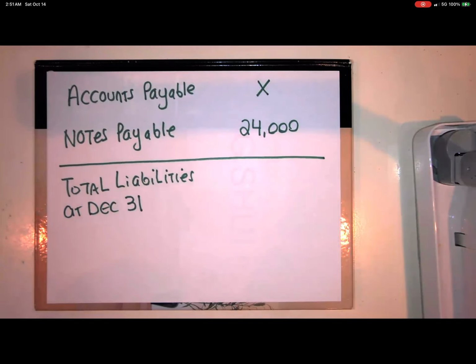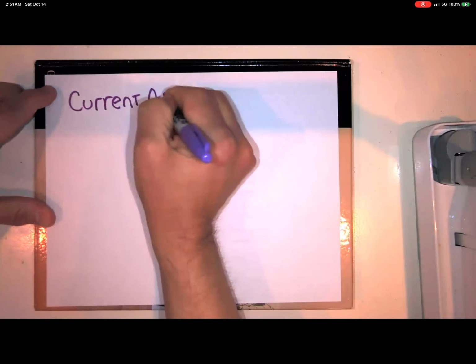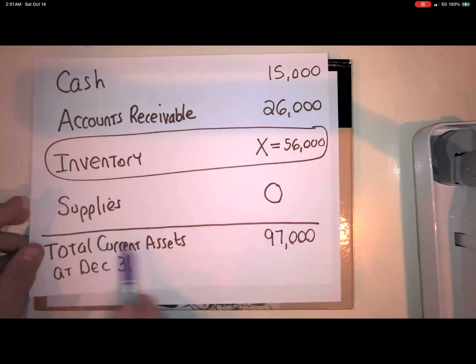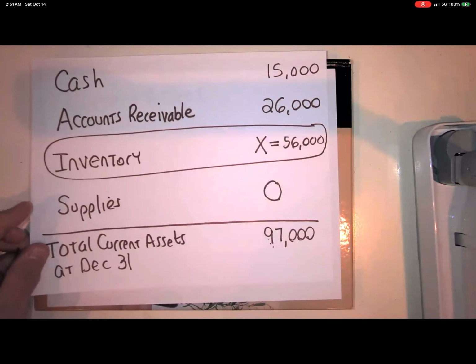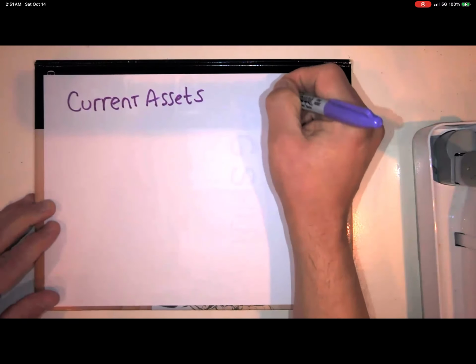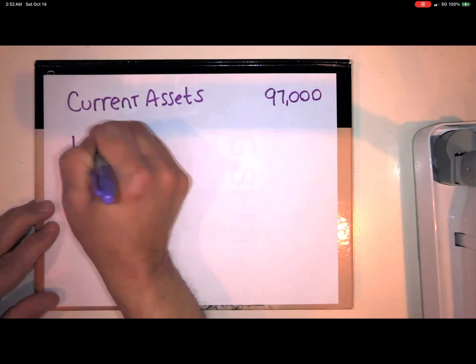And the part that I'm going to ask Zane you to do, we've got a lot of the work done already. Let's figure out the assets at December 31st. We already know that our current assets at December 31, well, they were given as $97,000. And then, of course, we have to add in the long-term assets.